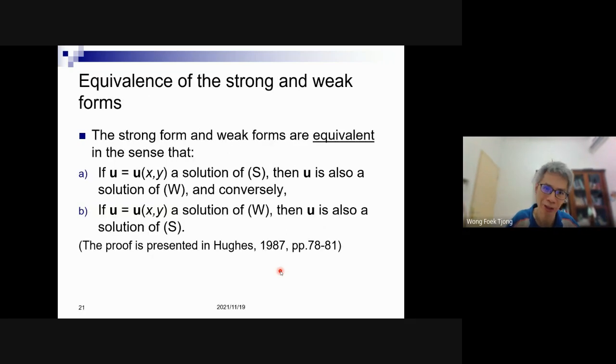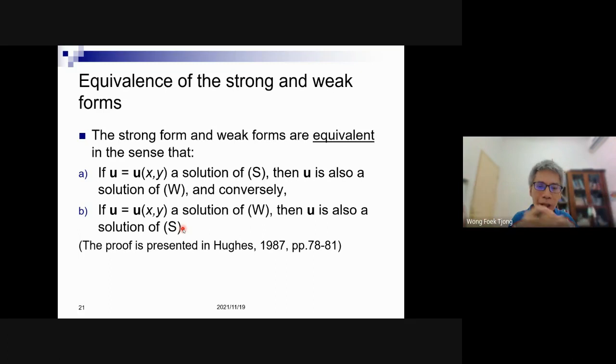Of course, also as in the bar, the strong form and the weak form should be equivalent. Equivalent in the sense that if I have a solution for the strong form, then the solution is also the solution of the weak form. And conversely, if U is the solution of the weak form, then U is also a solution of the strong form. Otherwise, our statements are two different models, right?